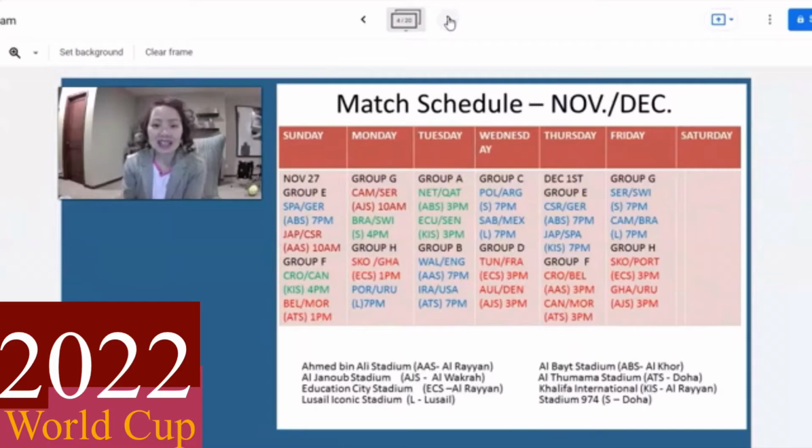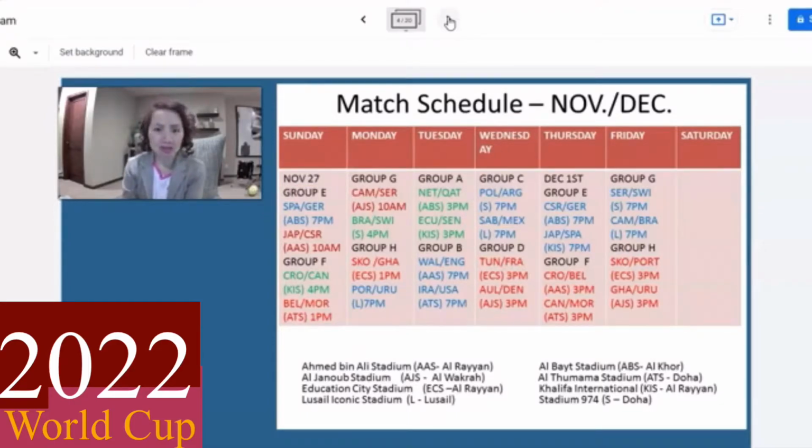Okay, so November 27th, there's what we were talking about, the game between Spain and Germany, which will probably decide the difference between first and second place in Group E. And rightfully, it will be played at 7 o'clock on Sunday, November 27th.